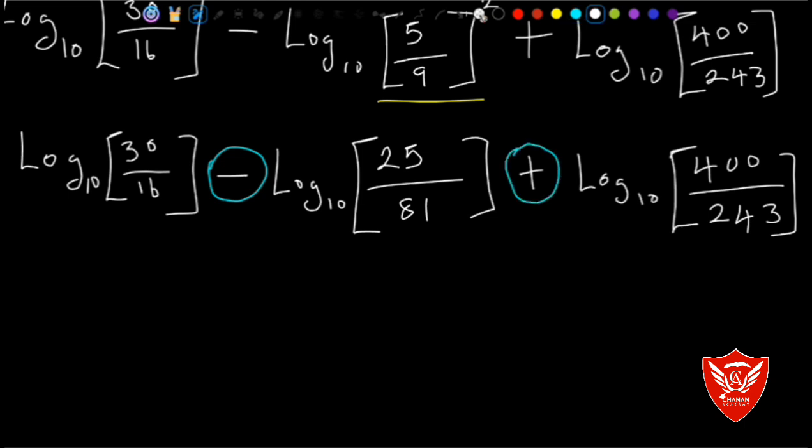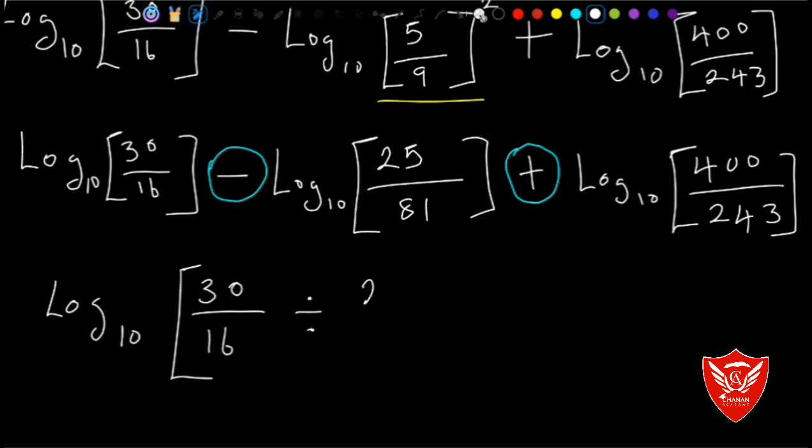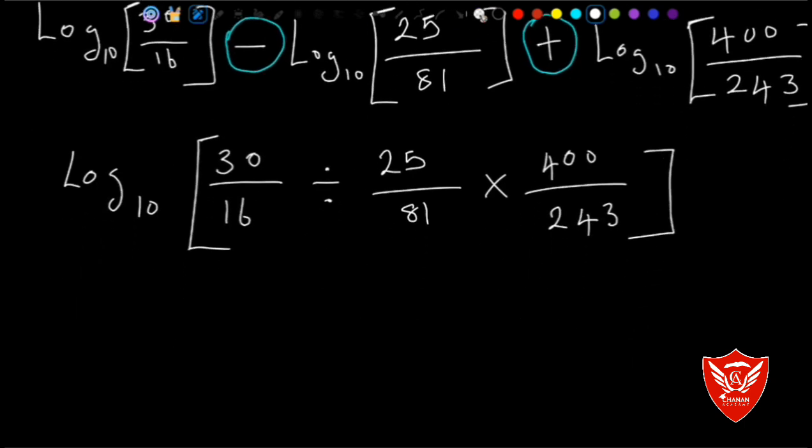So what we are going to have is the log base 10, because they are all in base 10, open a bracket, becomes 30 over 16 divided by 25 over 81, and then addition becomes multiplication, 400 over 243, and then we close our bracket.